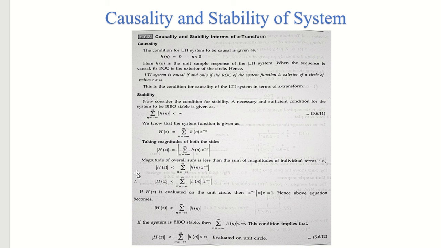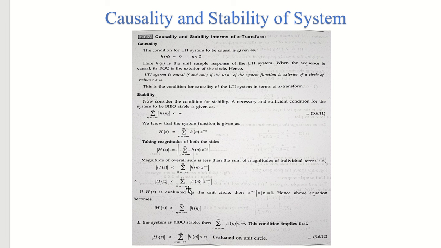The magnitude of the overall sum will always be less than or equal to the sum of the magnitudes of the individual terms. We explained it in the Fourier transform video as well. So you can represent it this way: the magnitude of H of z is less than the summation n equals minus infinity to infinity of the magnitude of h of n times z raised to minus n.